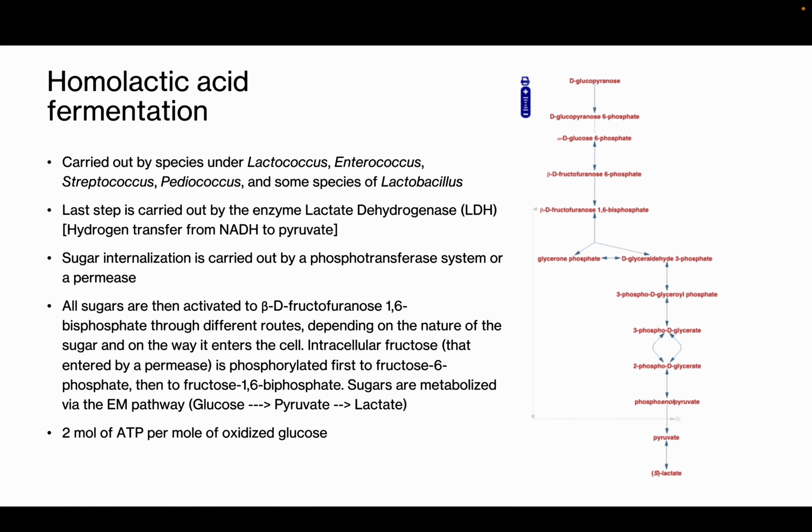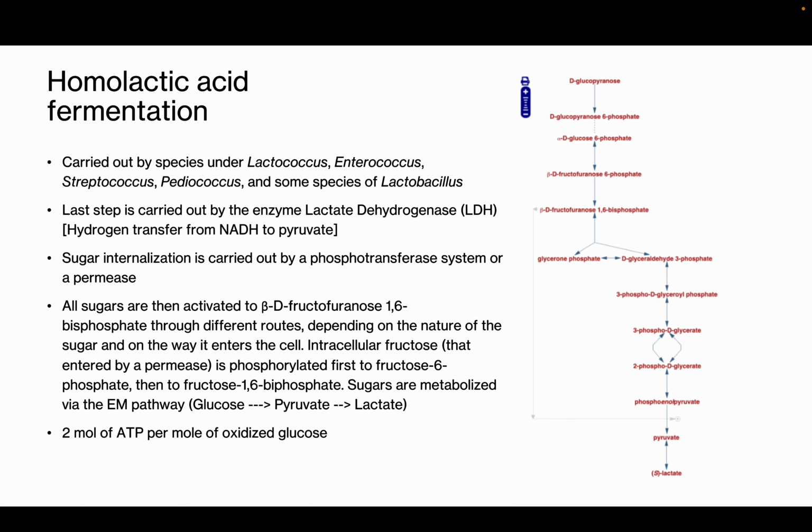So all sugars are activated to beta-D-fructofuranose 1,6-bisphosphate via different routes, depending on the nature of the sugar and on the way that it enters the cell.